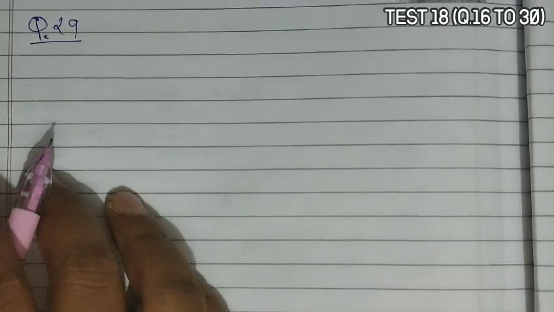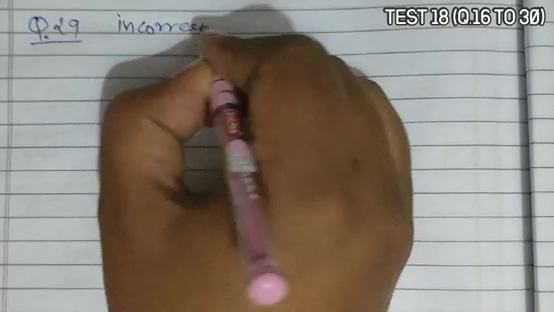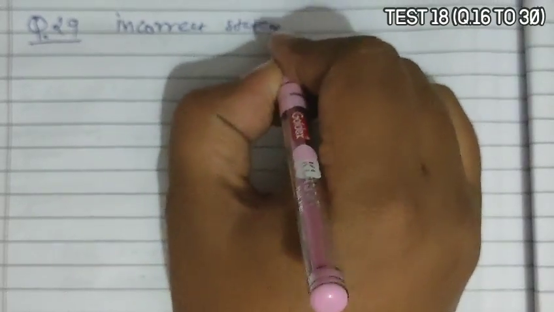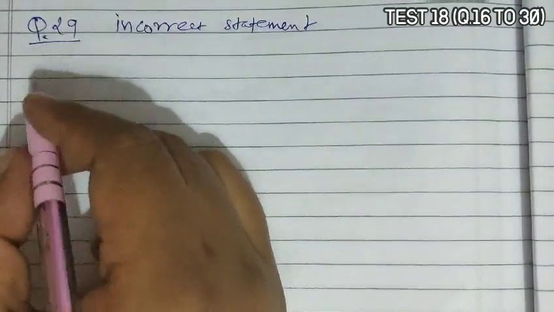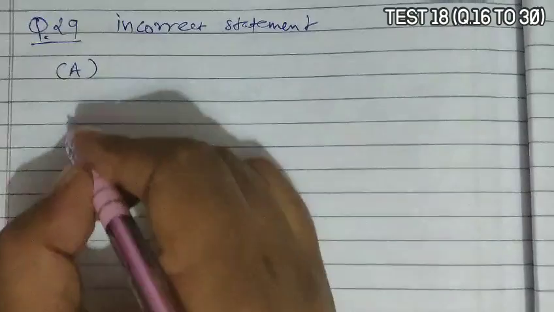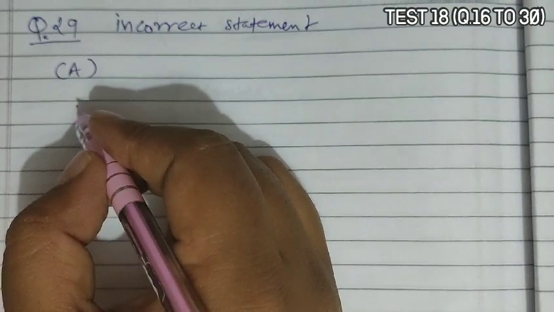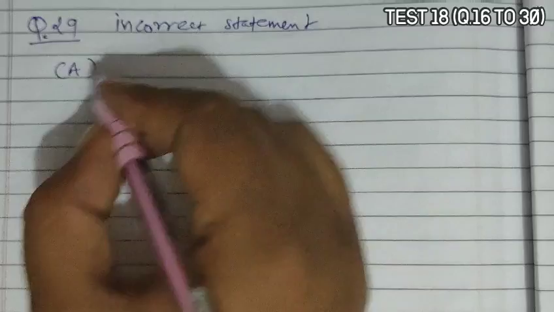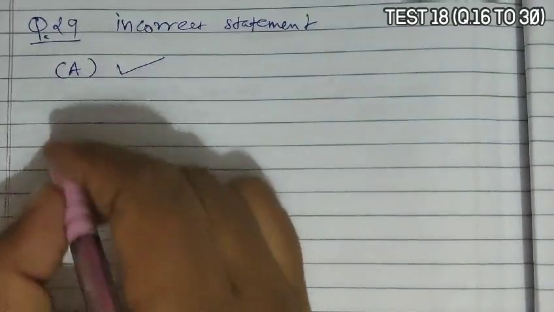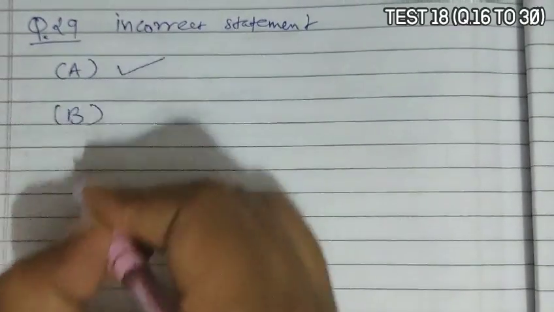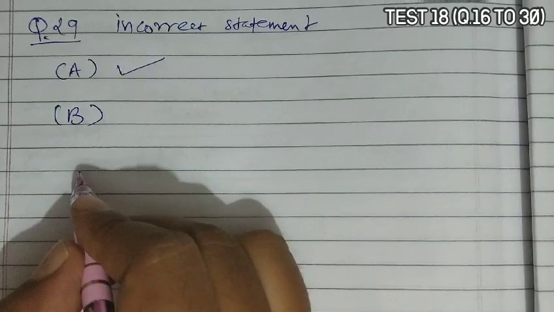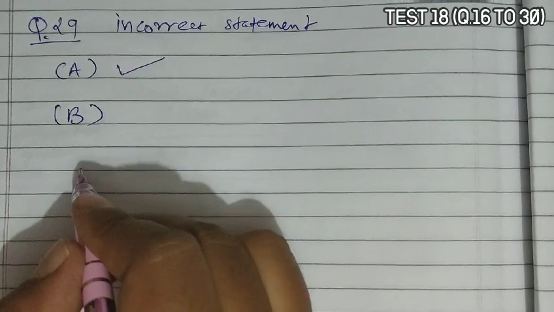Next is question 29. Question 29 asks: select the incorrect statement from the following. Option A says that galactosemia is an inborn error of metabolism. Yes, it is correct. Option B says that small population size results in random genetic drift in a population.